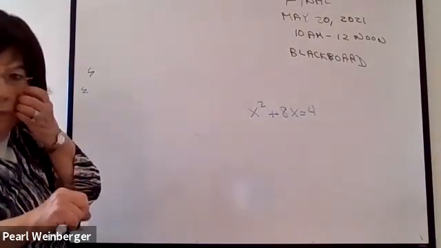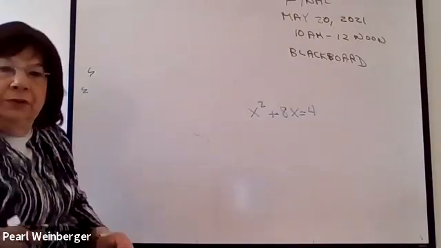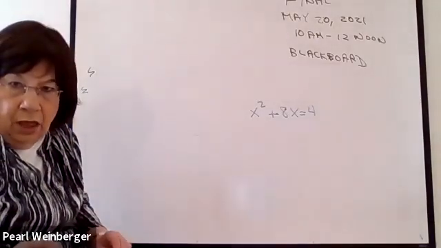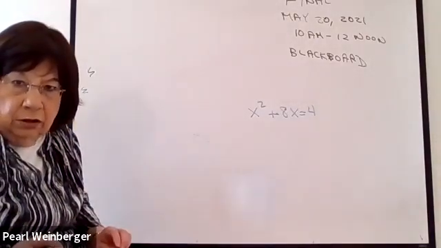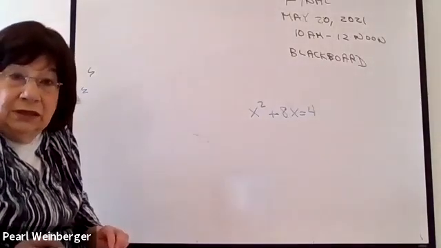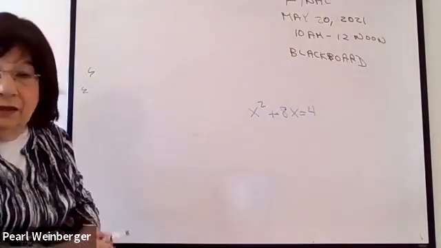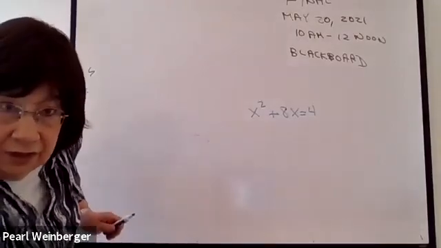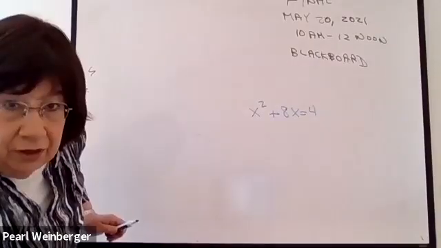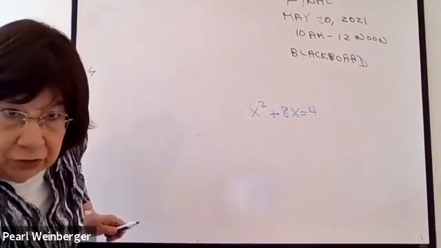Did you use a formula or did you use the completing the square? I subtracted both sides of the equation by 4. Oh, in other words, you used the completing the square. Okay, so let's do it that way.